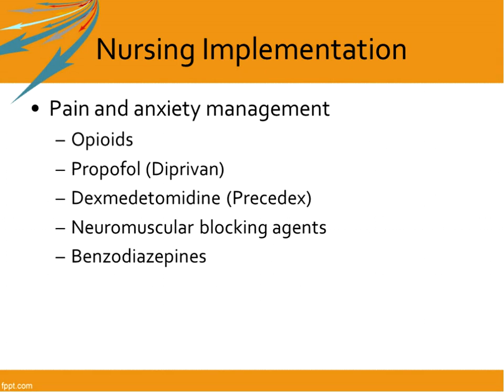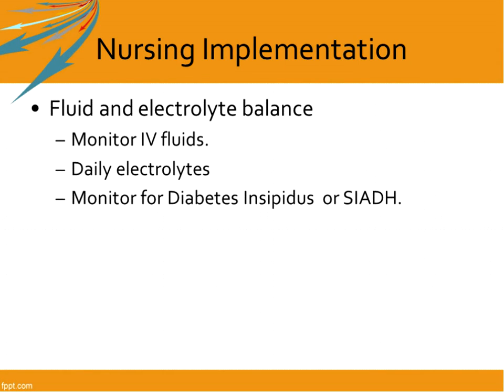What they do is paralyze the muscles, but it's important to remember that even though it paralyzes the muscles, it doesn't block pain. So we usually also give them sedative analgesics or benzos. We can use benzodiazepines for sedation, although typically we try to avoid this if possible because it causes hypotension and also has a long half-life. But we do use them in conjunction with the neuromuscular blocking agents.